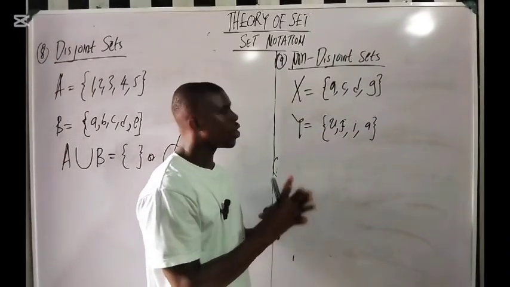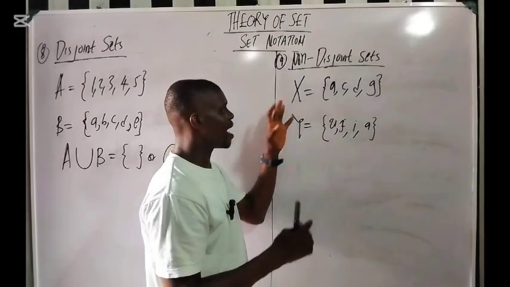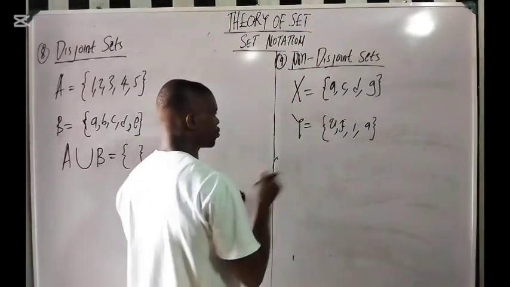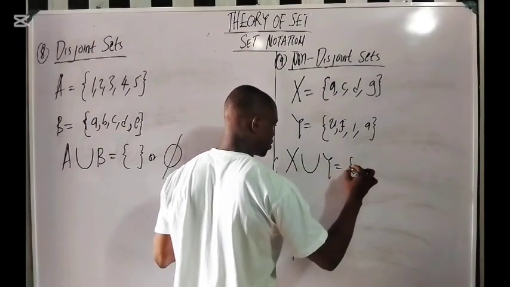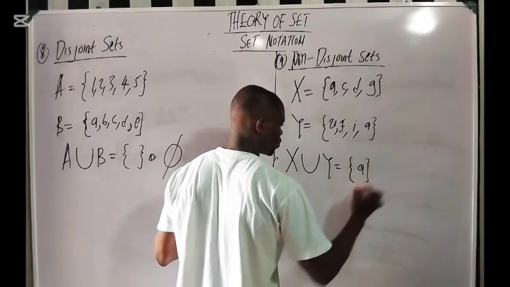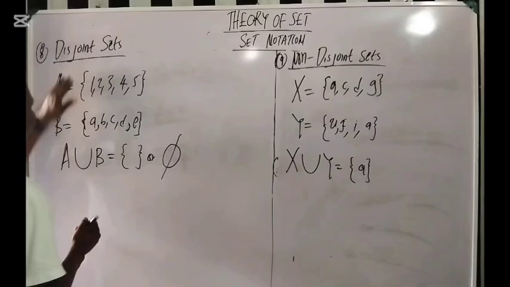They are called non-disjoint sets. So these sets are not disjoint. If you look at the intersection here, X intersection Y equals A. Unlike this one here, that is called disjoint sets.